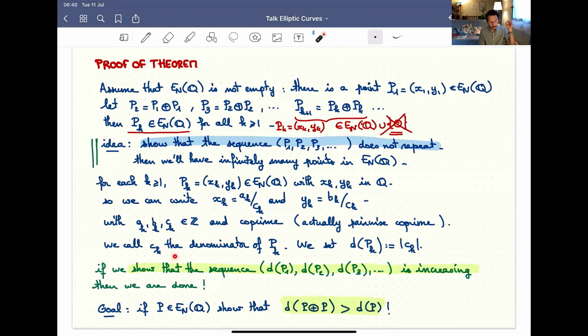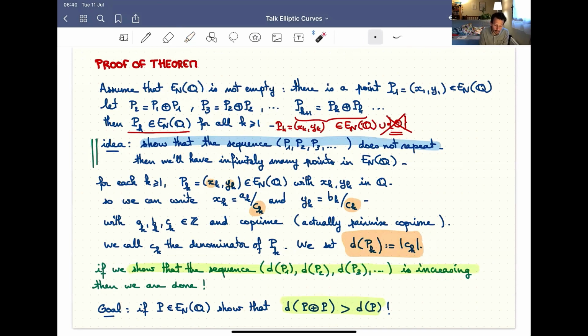And ck will be called the denominator of the solution pk, because ck is the common denominator of both coordinates of pk. This is a definition: I will call the denominator of pk the absolute value of ck, so the size of ck.